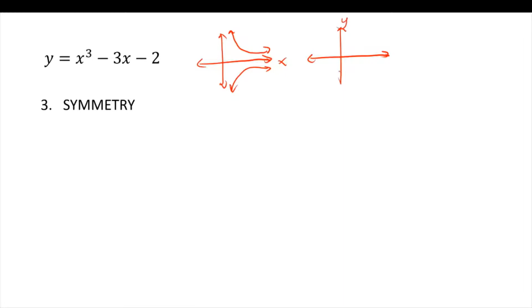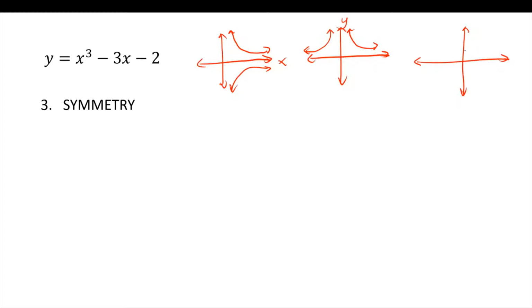Let's say your graph is symmetric with respect to the y-axis. If a curve is present on the right side, then a mirror image is also present on the left side. For symmetry with respect to the origin, the mirror images are diagonal with each other.